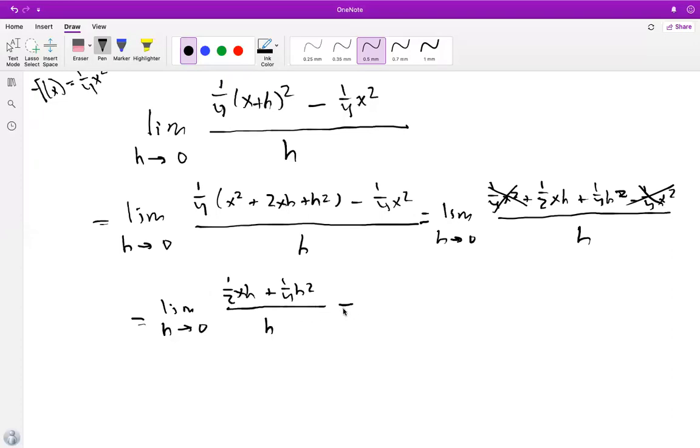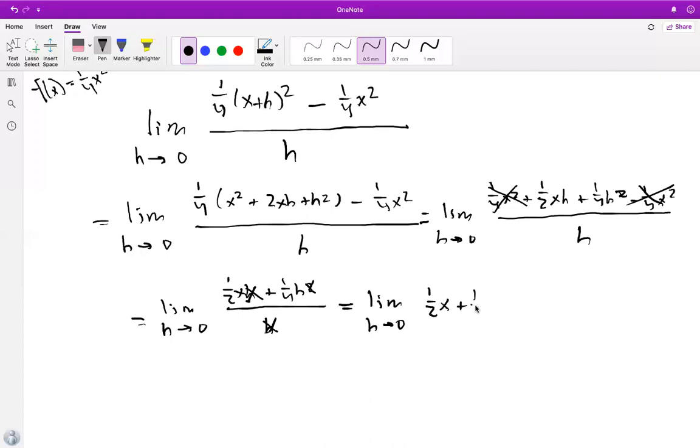And now what happens is what's always going to happen. If I did all my simplifying and distributing and multiplying right, everything up here is going to have at least one h in it, and the only thing on the bottom is going to be h. So I'm going to be able to cross one h out of each one of these terms. So one h here, one h there, one h there. So the top is now 1/2 x plus 1/4 h.